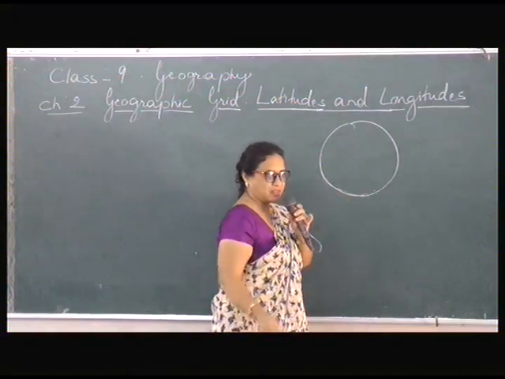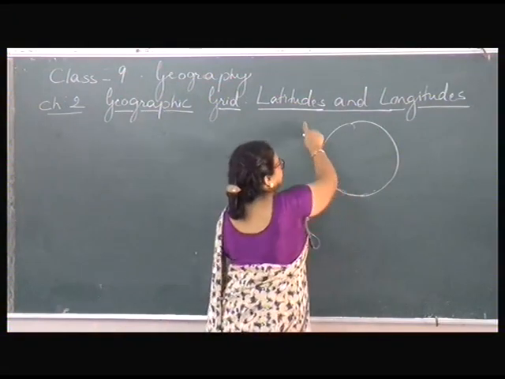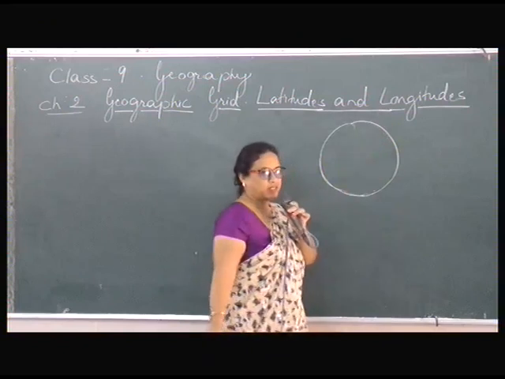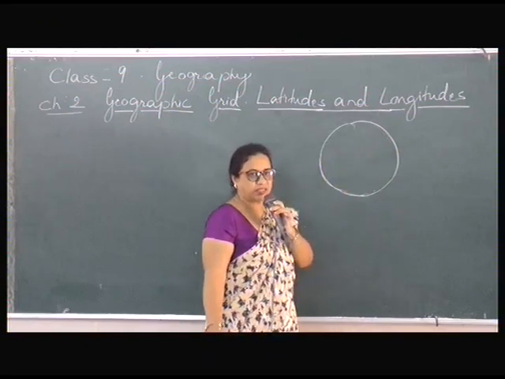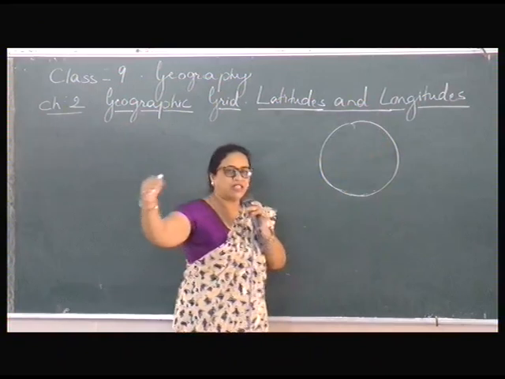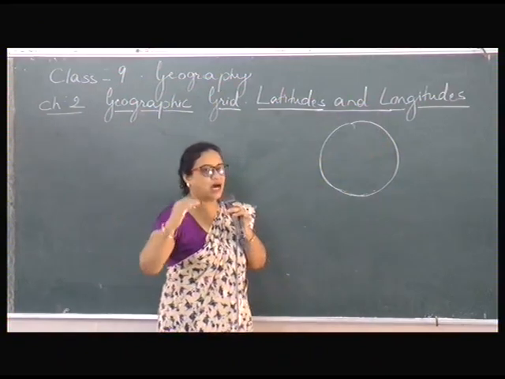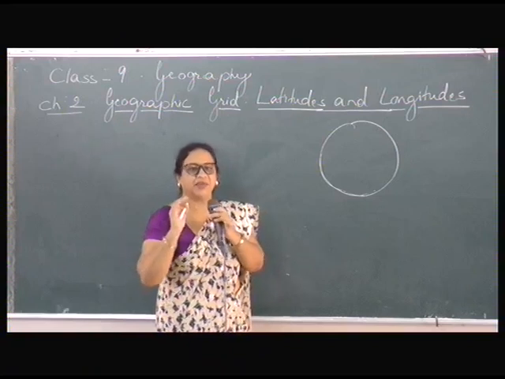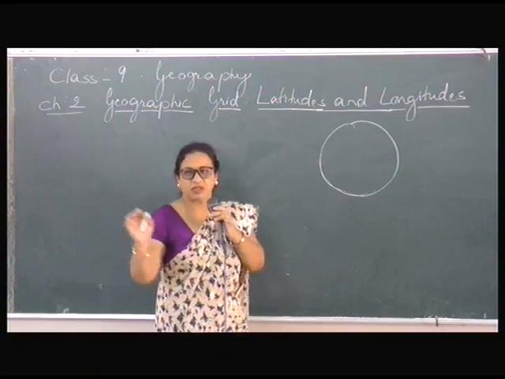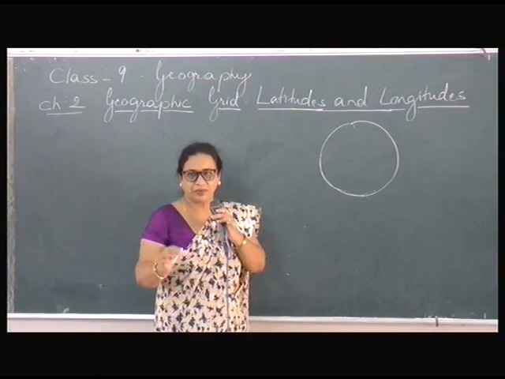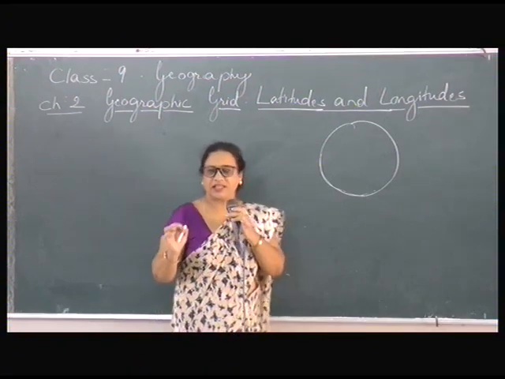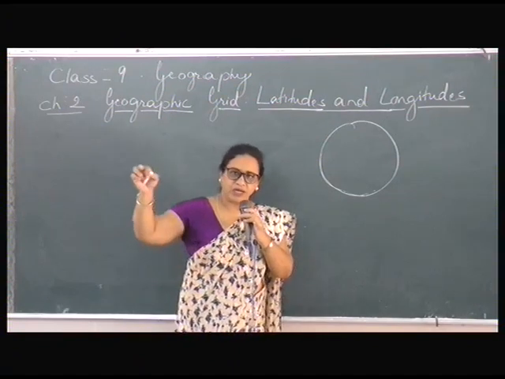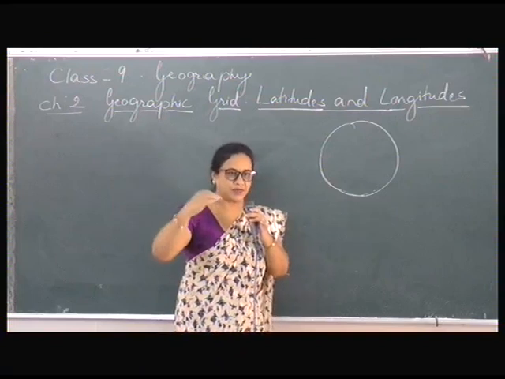Within this circle, geographers have thought of these lines, both are imaginary lines. If we go to hunt for them on the earth's surface, they are not there, though for the sake of convenience, they have been marked there. For instance, Tropic of Cancer, 23.5 degree north latitude. If you know, it passes through the outskirts of Ranchi.